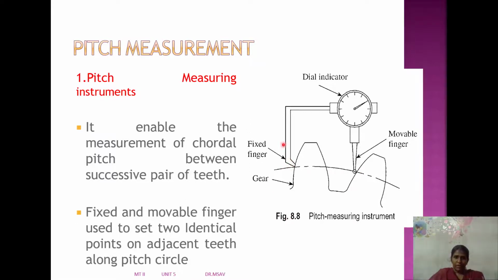We have a fixed finger and a movable finger used to set two identical points on adjacent teeth along the pitch circle. So this finger sets one tooth, and the other movable finger sets another tooth. These two fingers contact the pitch circle. This finger is fixed, the other one is movable. From that we can get the reading of the pitch.